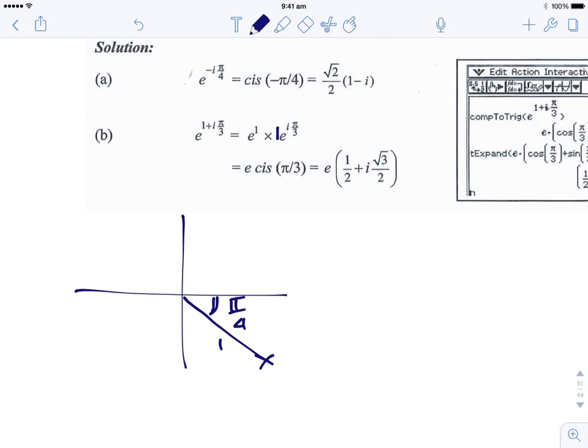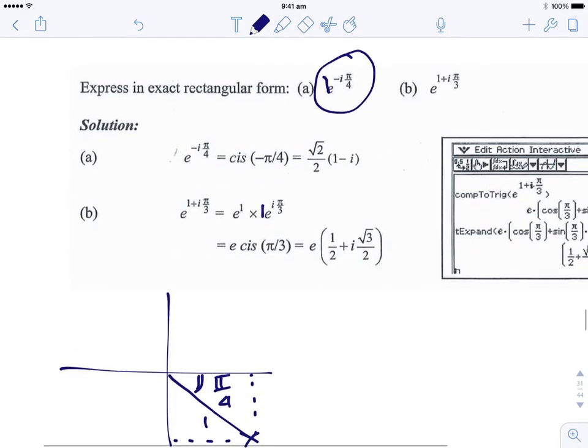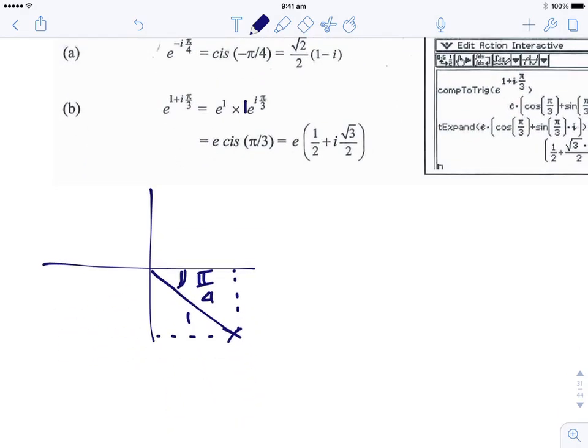Again, this is a great one to get your calculator out on, or of course we can work out what those lengths are to get it into exact rectangular form. So in this triangle that I've just drawn, I'd say something like sine of pi over 4 is equal to x over 1. So sine of pi over 4 is √2 over 2, or 1 over √2.